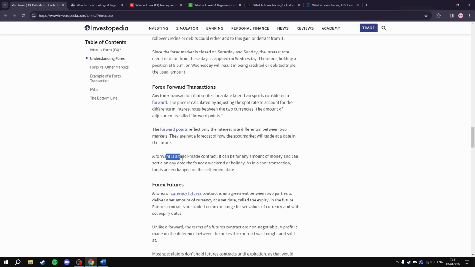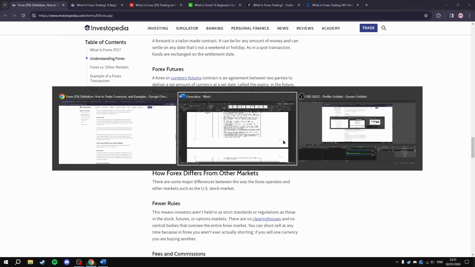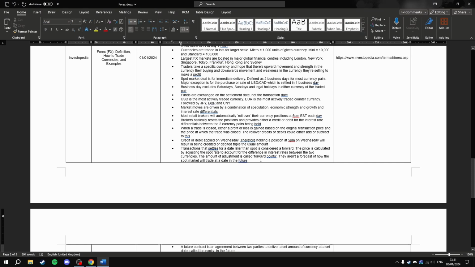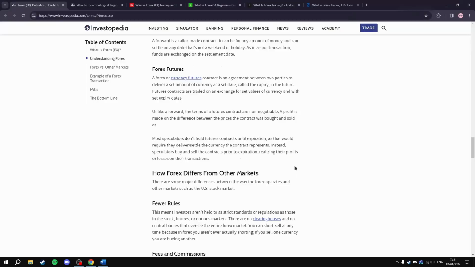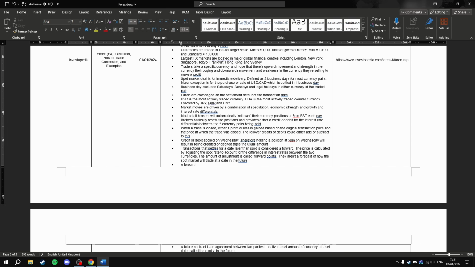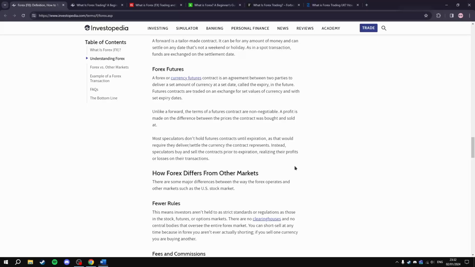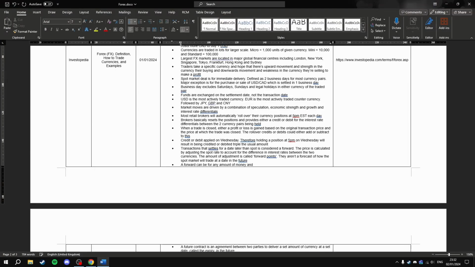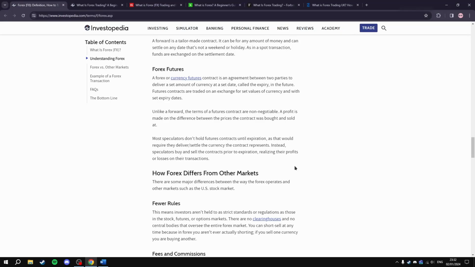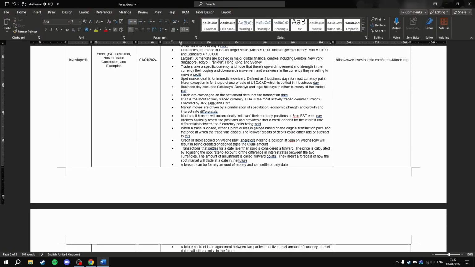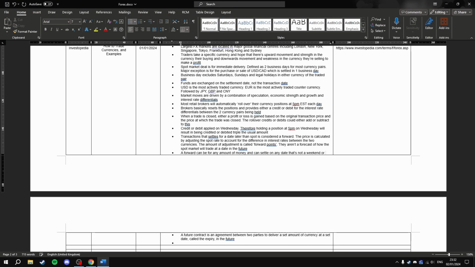So this, it can be for any amount of money. I should probably add that in then. A forward can be for any amount of money and can settle on any date that's not a weekend or holiday.